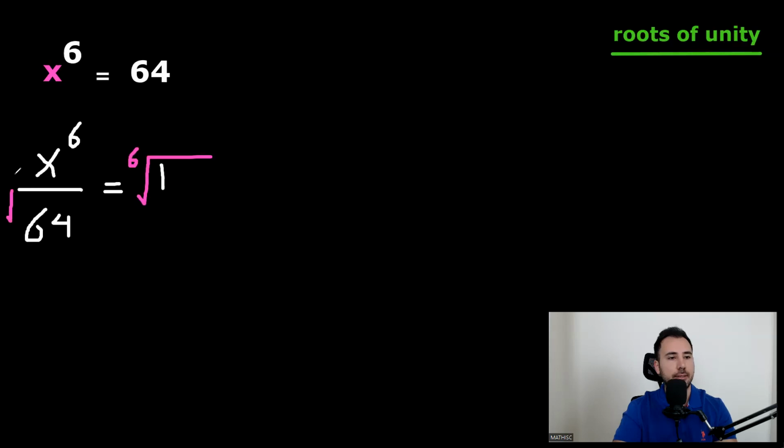Because we know this is also 2 to the power of 6, this will be simplified. Okay. So we'll have x over 2, the 6th root of 1.